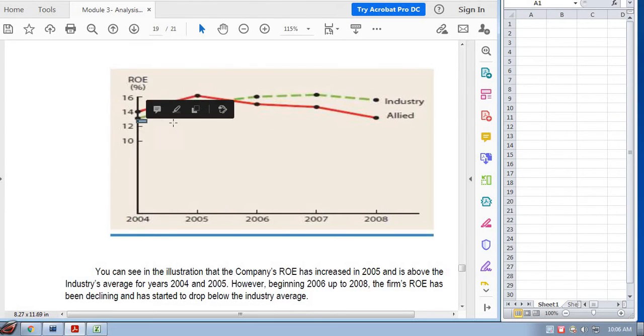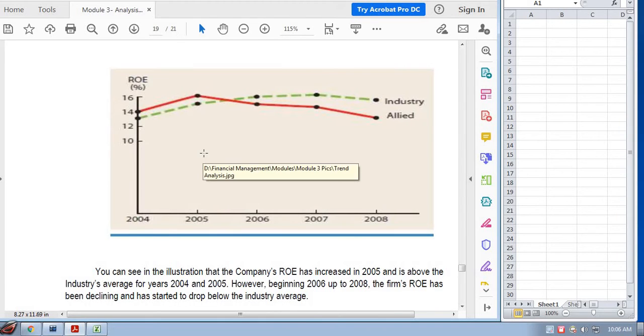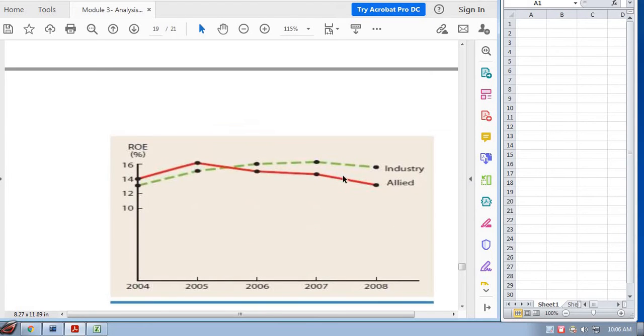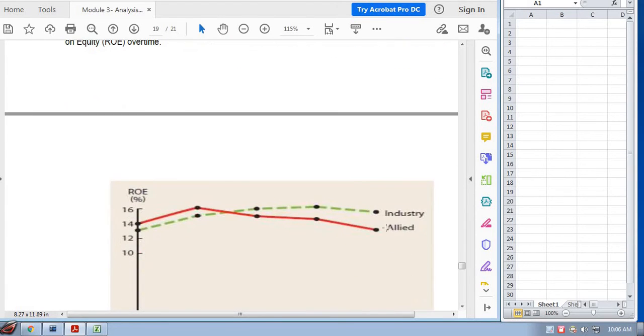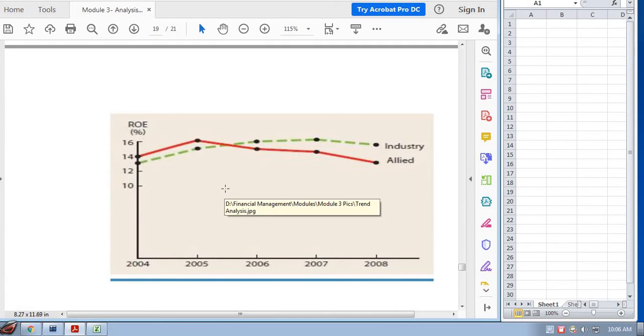If you look at the green line, in 2004 and 2005, it is below the ROE of the company. By the way, our company here is Allied Company. So Allied Company is higher in 2004 and 2005 as compared to the industry average. So it is safe to invest, no? Because it is higher than the industry average.